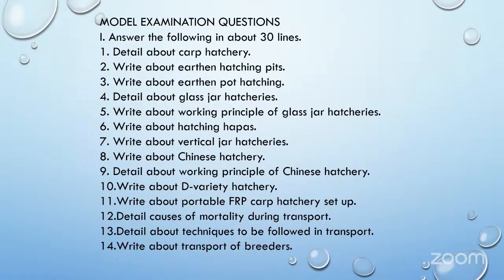Write about Chinese hatchery. Write in detail about working principle of Chinese hatchery. Write about D variety hatchery. Write about portable FRP carp hatchery setup. Write in detail the causes of mortality during transport. Write about techniques to be followed in transport. And write about transport of breeders.